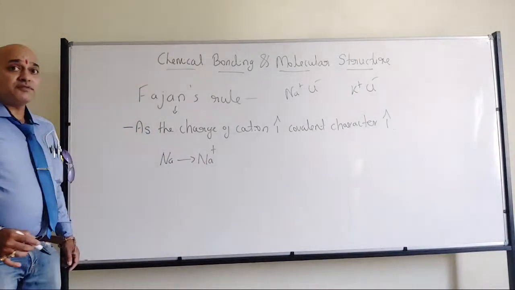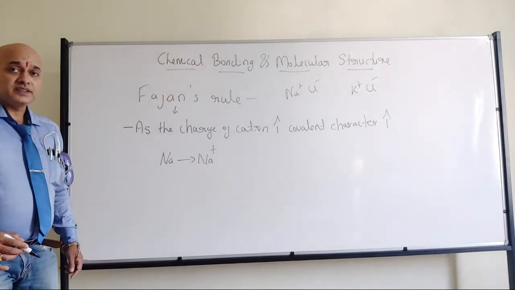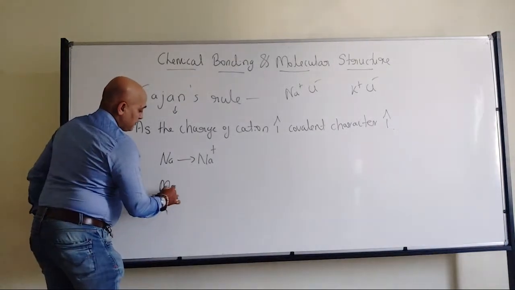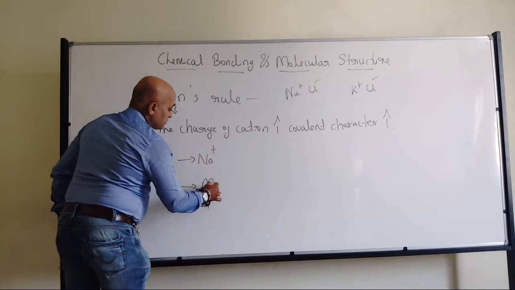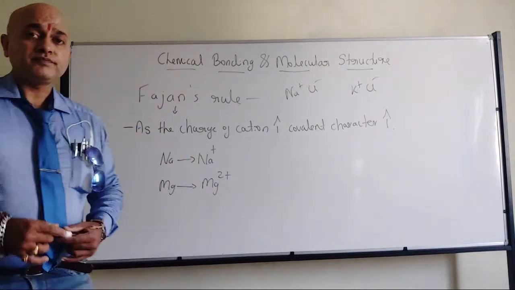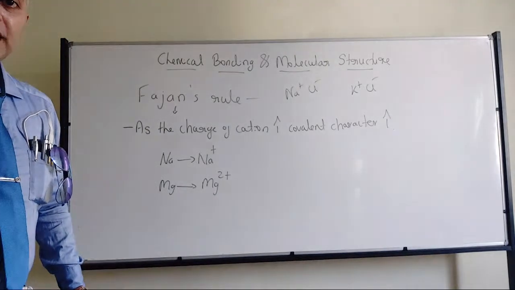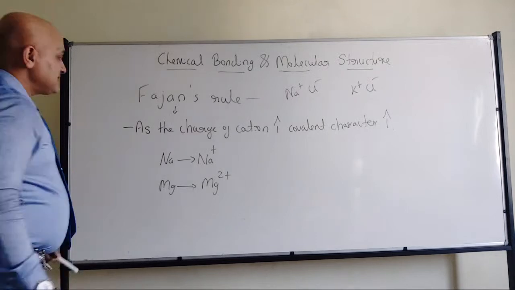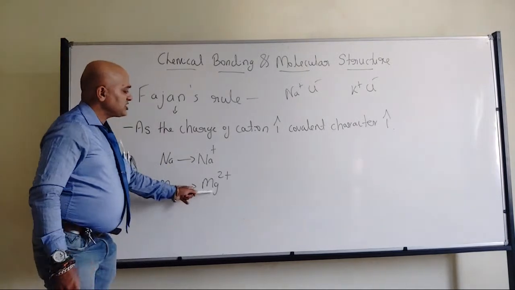But if I take the neighboring element, like magnesium, magnesium is going to lose 2 electrons and it will become Mg2+. So what I mean to tell here is there is an increase in the charge.